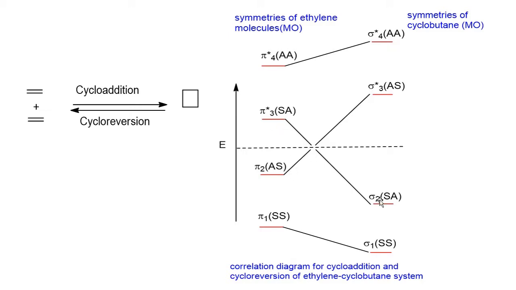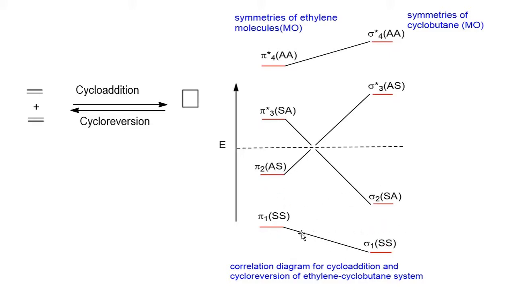Here SA, here is an SA, so SA and SA are joined. Then AA and AA.